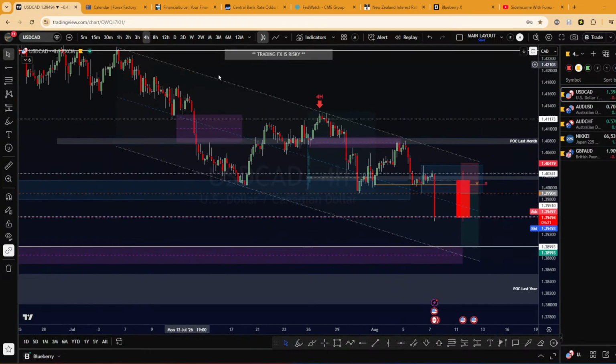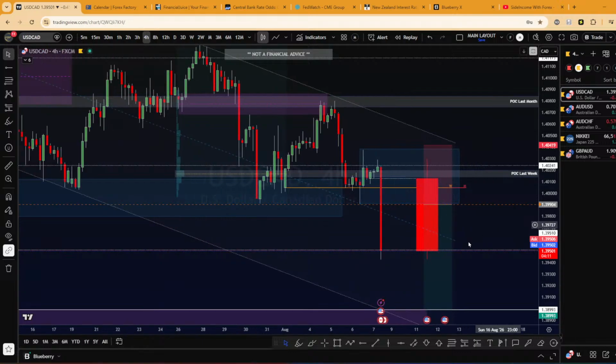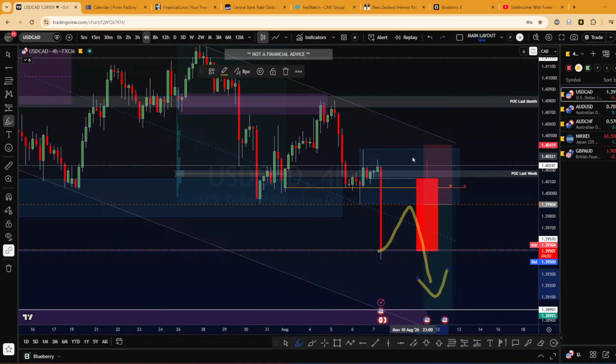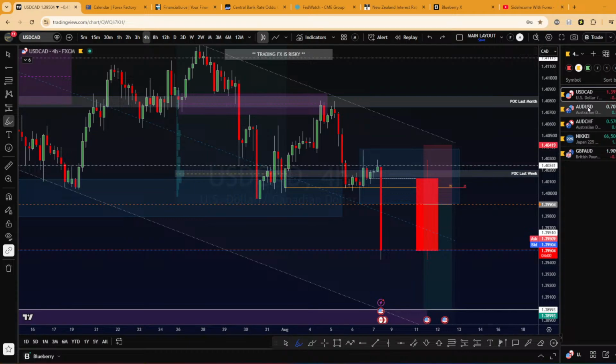We have this descending channel, and we were at the top of the channel, so for me it's pretty much logical to target the bottom of the channel. So I just need a retracement. If price could give me some retracement before getting in this trade, this will be very interesting.